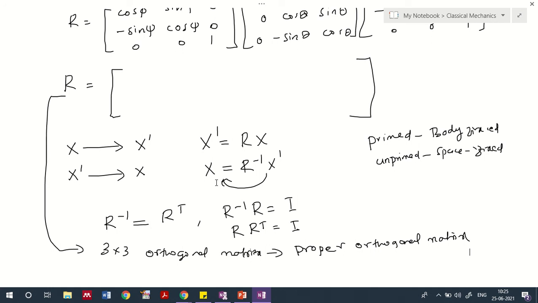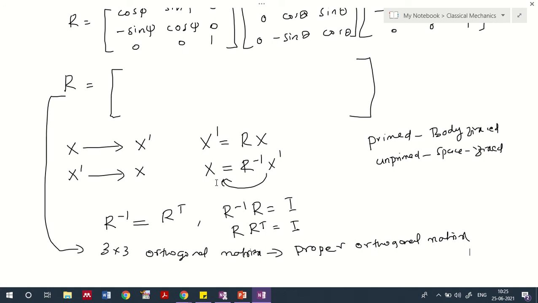Just study what we have already learned. In the last discussion we covered space fixed and body fixed coordinates and the direction cosines, and today we saw how to change a space fixed coordinate to a body fixed coordinate by Euler's angles through three successive rotations.